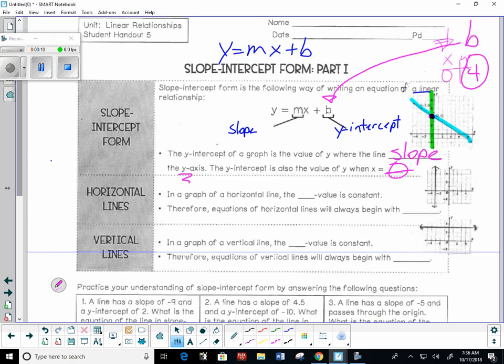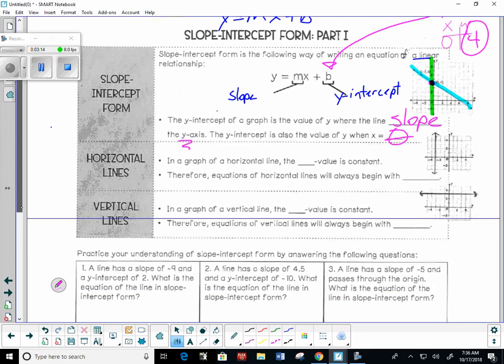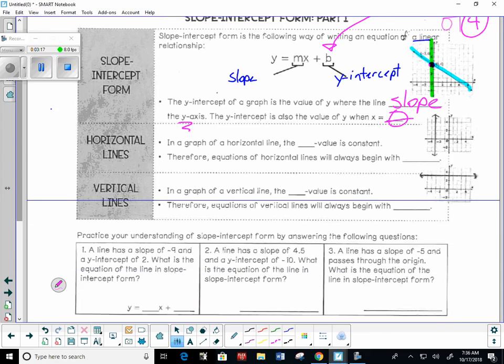In these next two little portions, we're not going to see them as often, but it's noteworthy. In the graph of a horizontal line, the y value is constant. Let's make a horizontal line right there.